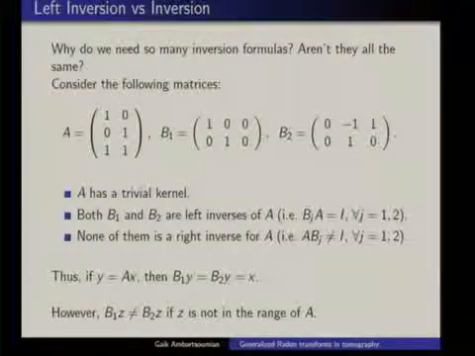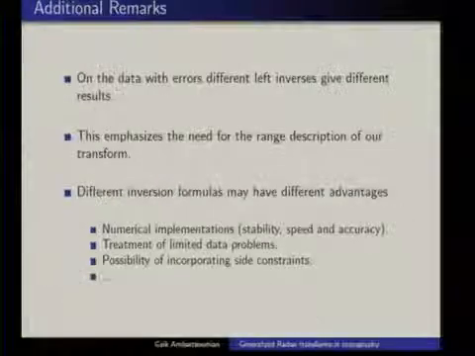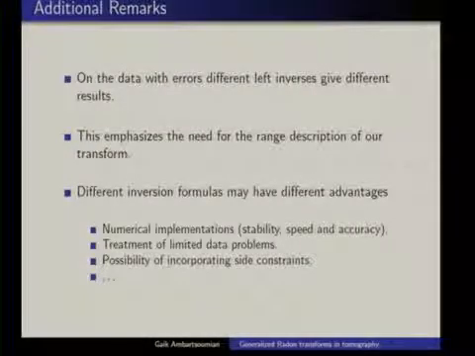So that's the reason why we need more and more formulas. It's not that it's an ever-going process, but it's not useless when people generate new formulas. So this is about the errors, why the range description is important, and this is exactly what I said.